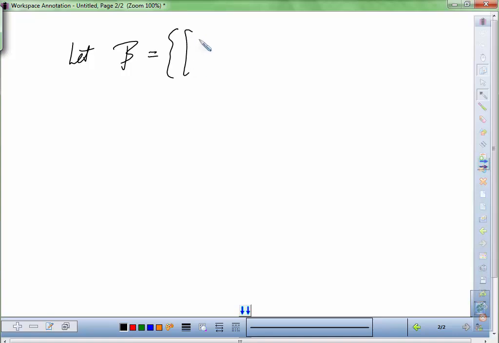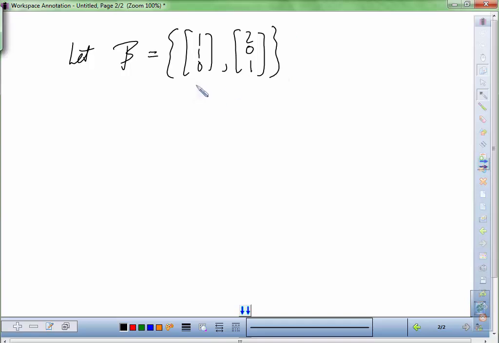So let's say 1, 1, 0, let's go to 3D, and 2, 0, 1. So let's dot them. Okay, I dotted it in my head. It's not 0, so it's not orthogonal, right?